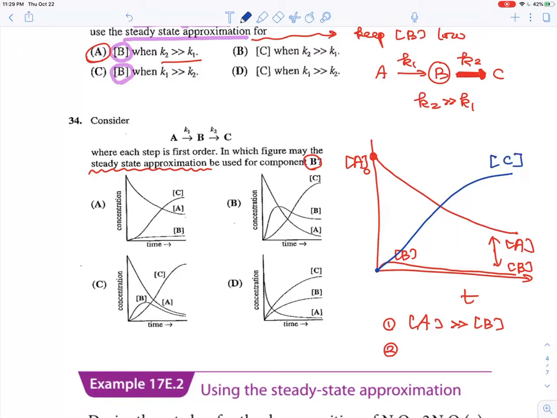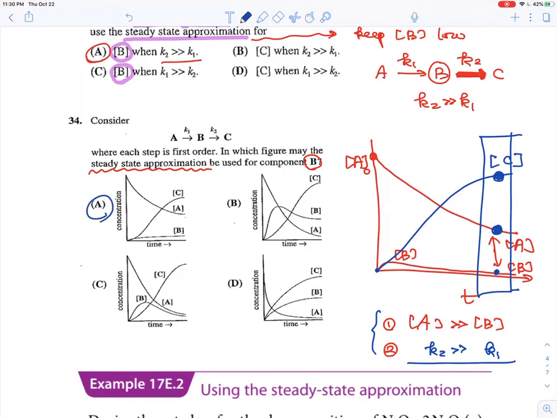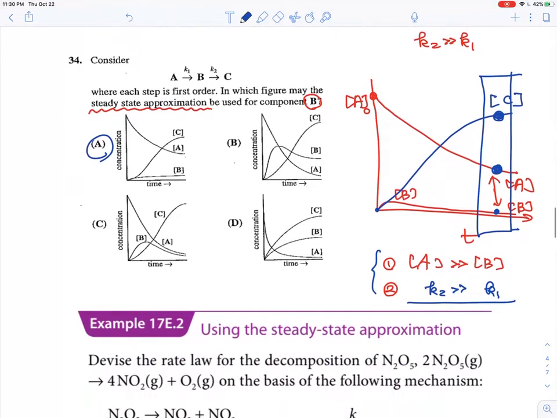Once again the K2 value is bigger than K1 to have this steady state condition satisfied. In the reaction mixture, at any time, for example at this time, this is a concentration of product, reactant, and the intermediate is very, very small. That's the steady state approximation, so A is the correct answer to represent this idea.